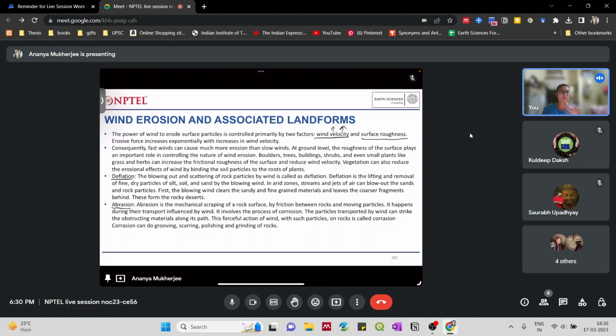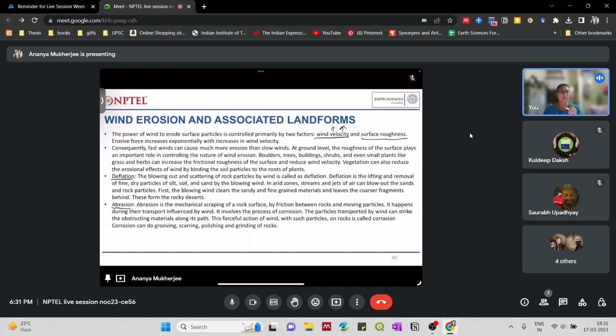This process can also be correlated with the process of corrosion. When the wind strikes an obstructing outcrop, the sediments scrape the surface. It might even pick off chunks of the already loosened fragments on the surface, taking those sediments up with it, and that is why this process is also called corrosion.